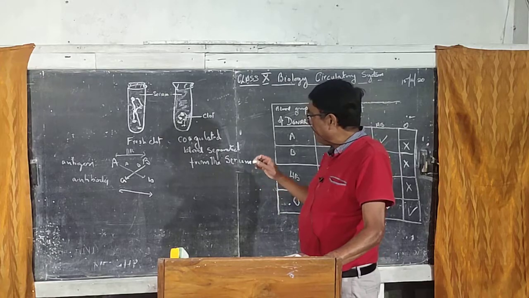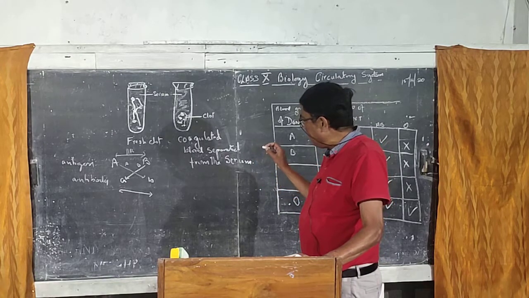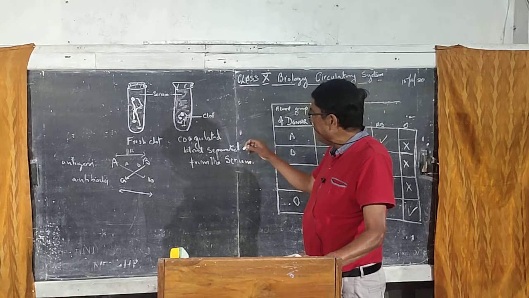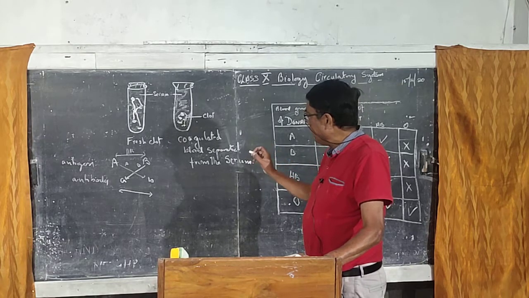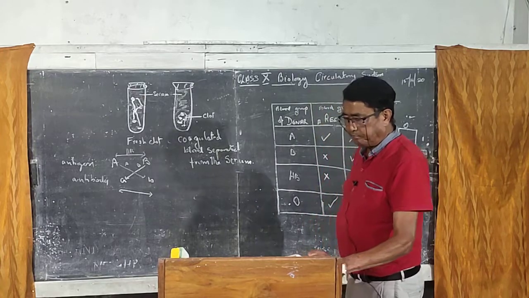And if antibody a and b are present, but antigen is absent, that blood group is O.